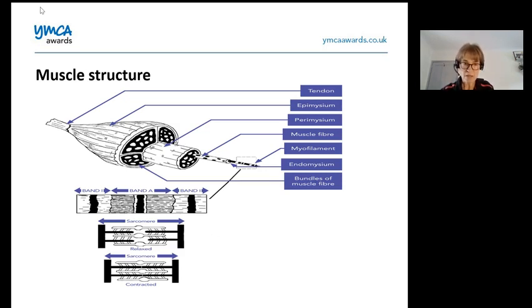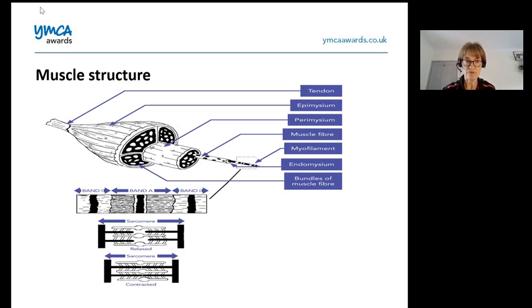Now we get this stripy appearance from these repeated sections called sarcomeres that have the dark and the light bands, hence the stripes. And you can see these in the images below that they can be relaxed or they can be contracted. So these are the contractile elements of a muscle.